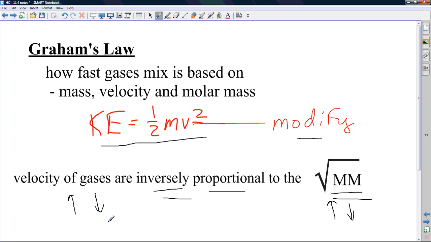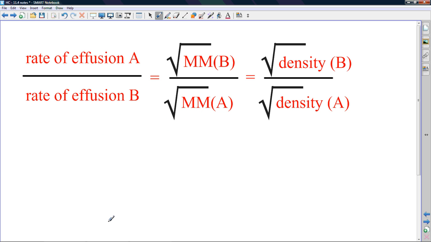Calculations are easy. So we take the kinetic energy equation and simply modify it. And what we end up getting is a proportion or a ratio. This is not an actual velocity, meters per second, feet per second, miles per hour, but it's a rate. It's a comparison or ratio. So what we have here, the rate of gas A compared to the rate of gas B is equal to the square roots of their molar masses, and again, the inverse of those molar masses.